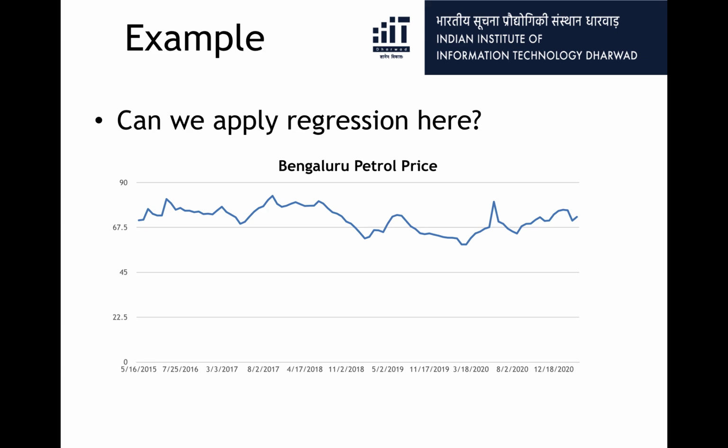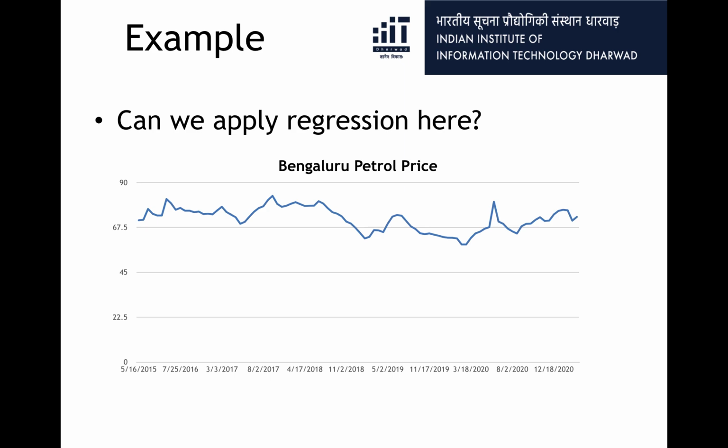Now, first of all, getting a data set like this is not easy. This particular data was not readily available. There was a website which recorded the price of petrol in Bangalore every 15 days. So we had to look at the website and then scrape the data, screen scraping from that particular website to get this data. So the data itself is very simple.